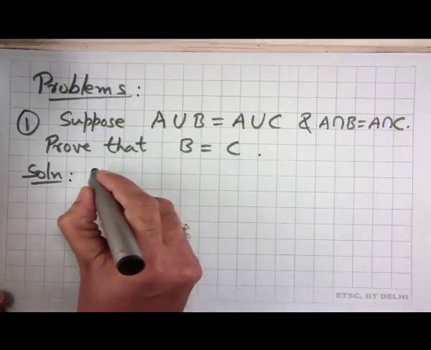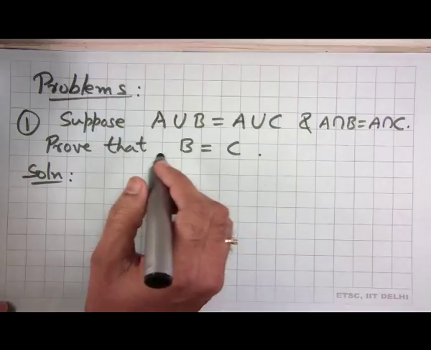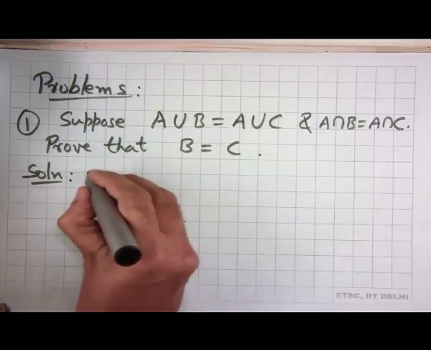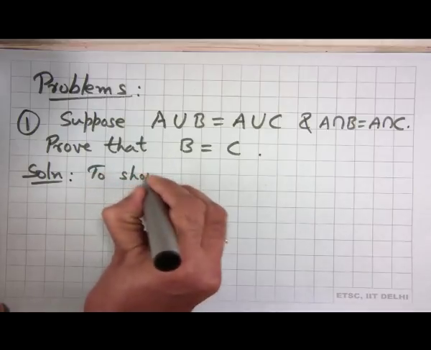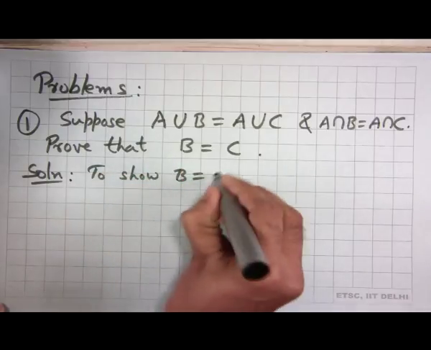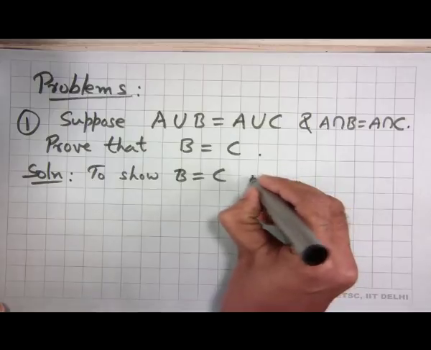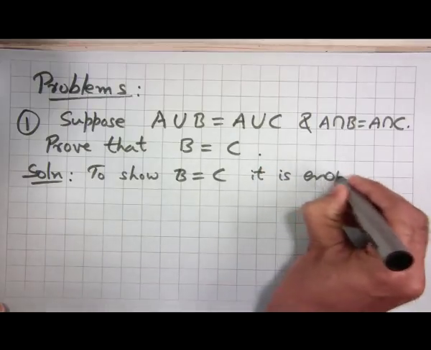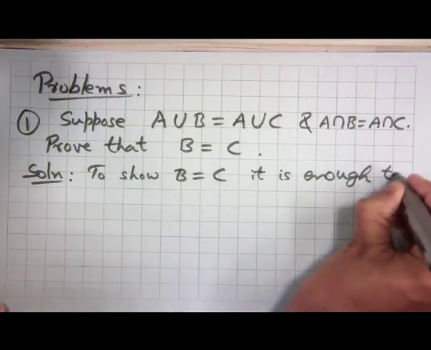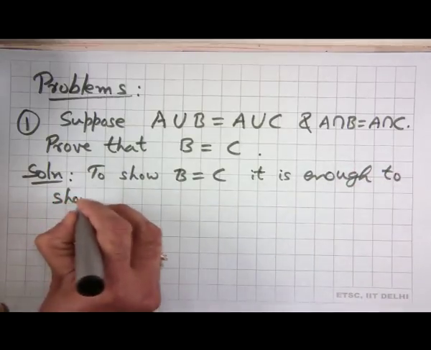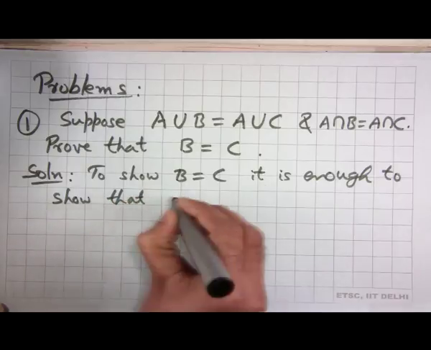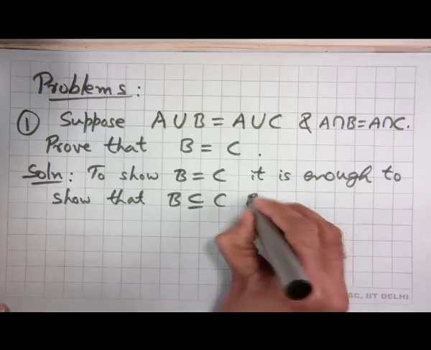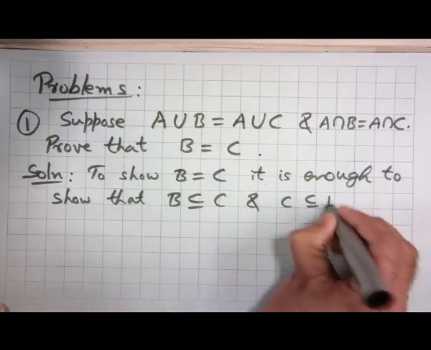To show that B is equal to C, it is enough to show that B is a subset of C and C is a subset of B.